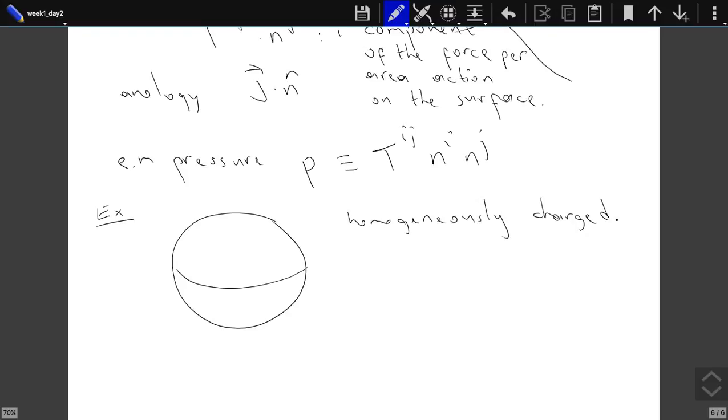You see the force over here, it will depend on the direction. In this case, the electric field is always radially out. Well, this is not homogeneously charged, sorry, it was a conducting sphere.